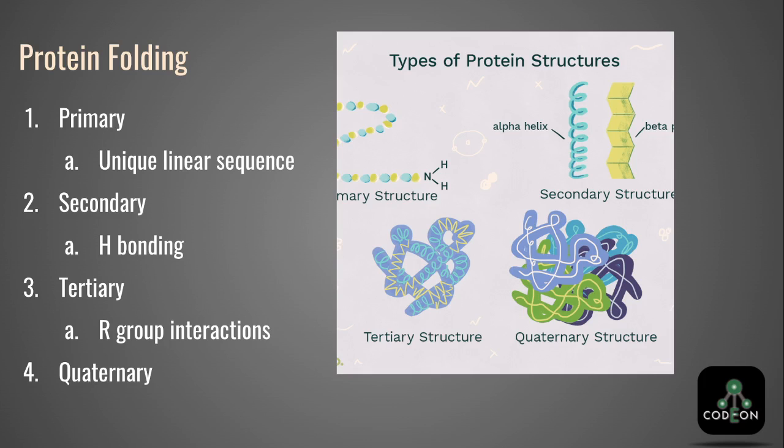And then quaternary, just a big molecule formed from multiple polypeptide chains. A lot of factors will affect the way that proteins fold. These conditions include anything from pH and salinity to temperature, and these could all result in a process called denaturation, which we know is basically breaking apart the protein entirely so that it can't function.